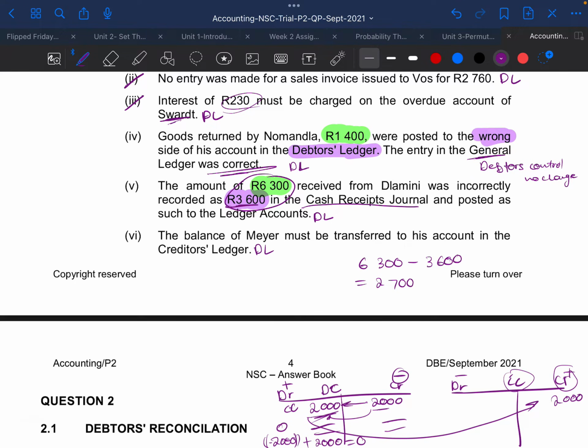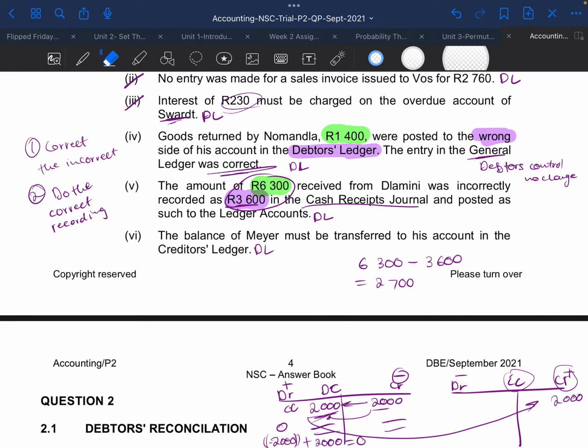If you have been watching previous videos, I did say that when they record something on the incorrect side, the first adjustment you're supposed to do is correcting the incorrect, and then the second thing you need to do is the correct recording.